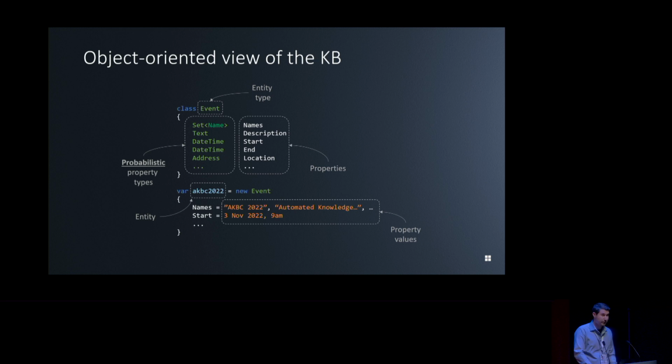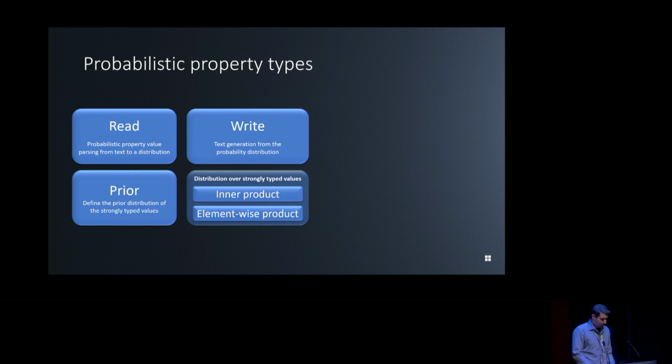That might be unclear. So what I thought I would do this time around is talk a little bit about the probabilistic types. So the probabilistic types have to do these 5 things. They have to know how to read themselves, so they know how to look at the text and then convert this into a distribution over strongly typed values. So you can think of it like reading an uncertain property value.